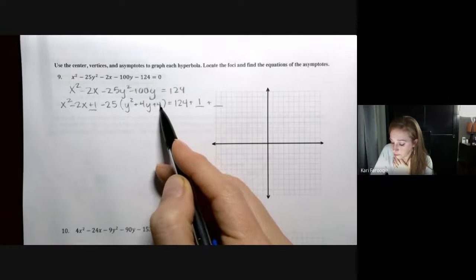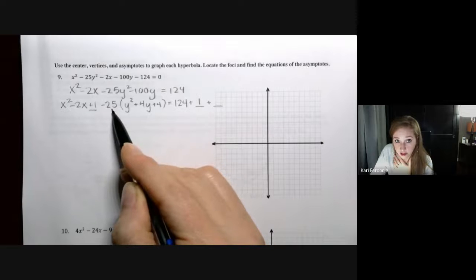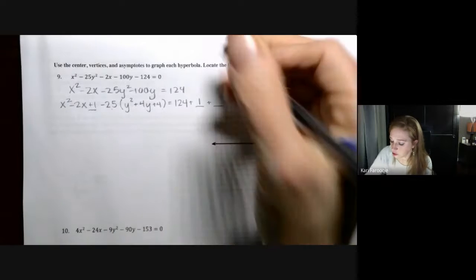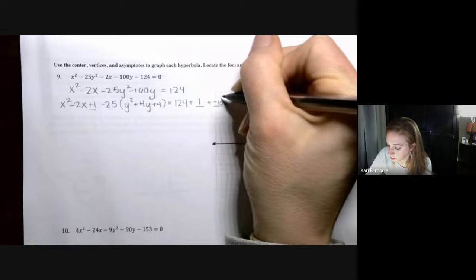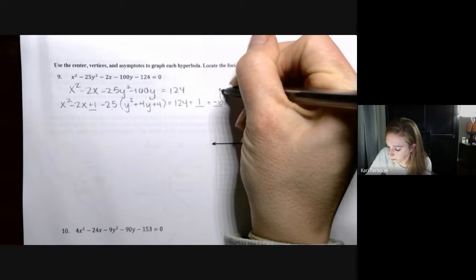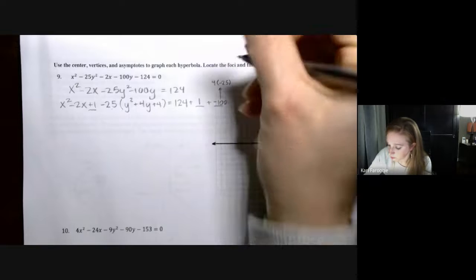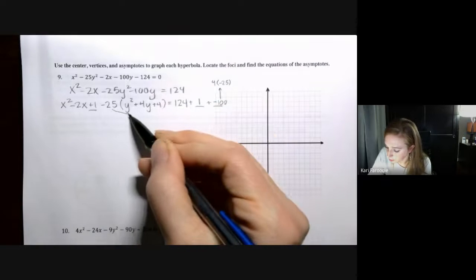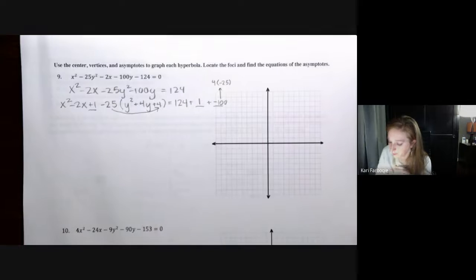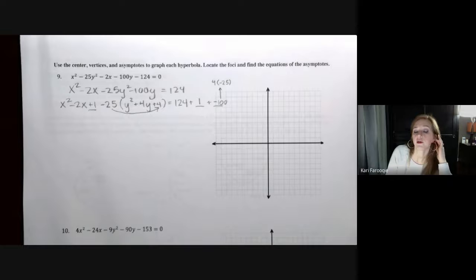We added in 4 times negative 25, which is negative 100. So this came from 4 times negative 25. This guy right here. So we need to account for that on both sides of the equation. Does anyone have a question there?